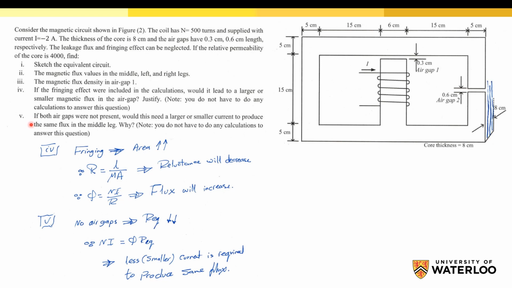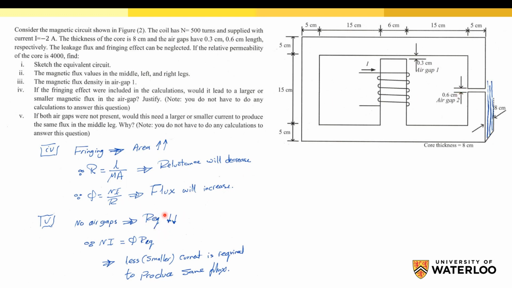For part V, if both air gaps were not present, would this need a larger or smaller current to produce the same flux? Now, if we do not have these two air gaps, the equivalent reluctance will be much less.